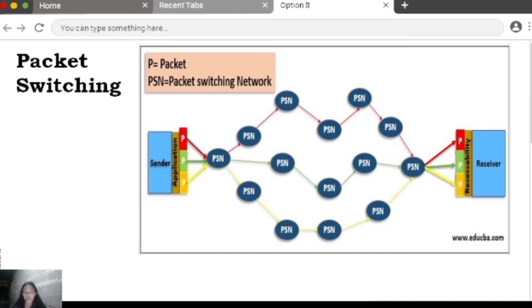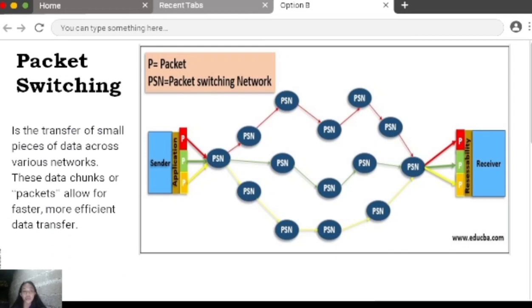Now let us know about packet switching. Packet switching sends small pieces of data, or packets, across the various networks for faster, more efficient data transfer. Intermediary routers and switches are able to process packets independently from each other without accounting for their source or destination.